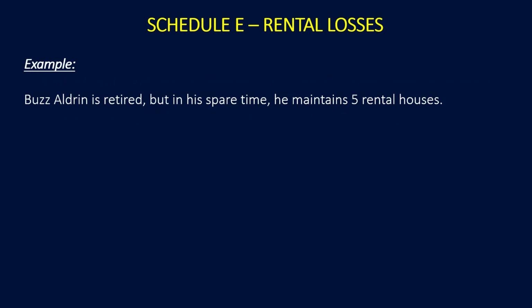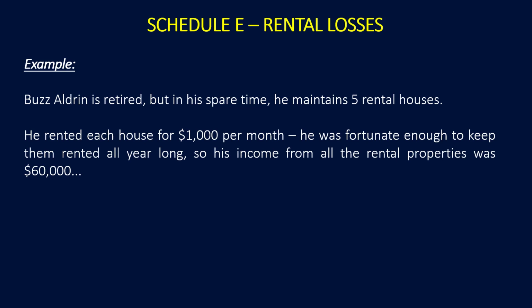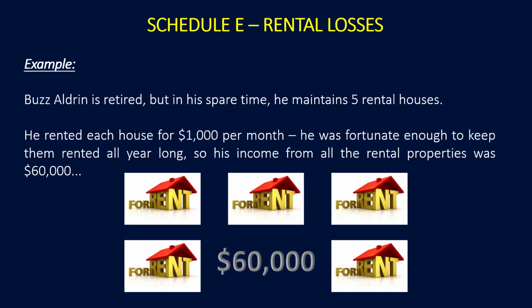Let's look at an example. Buzz Aldrin is retired, but in his spare time he maintains 5 rental houses. He rented each house for $1,000 per month, and he was fortunate enough to keep them rented all year long. So his income from all the rental properties was $60,000.